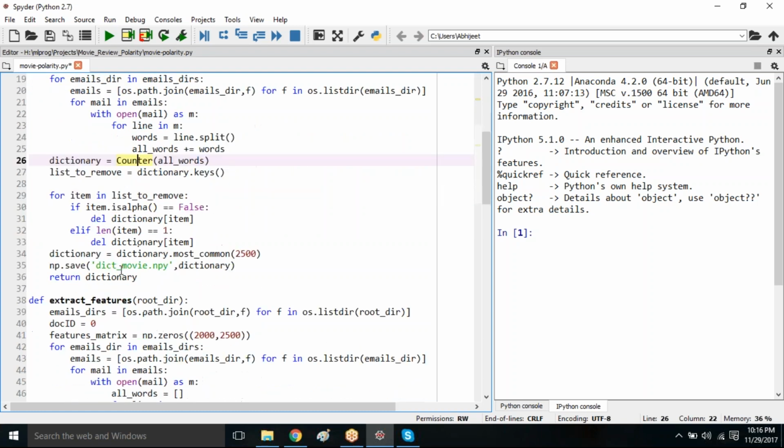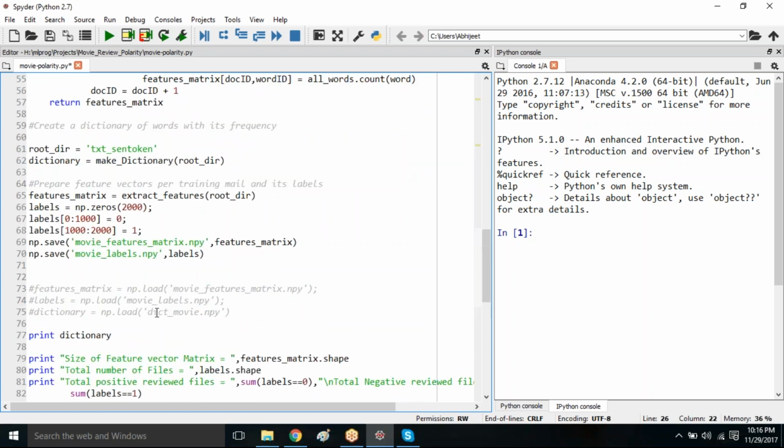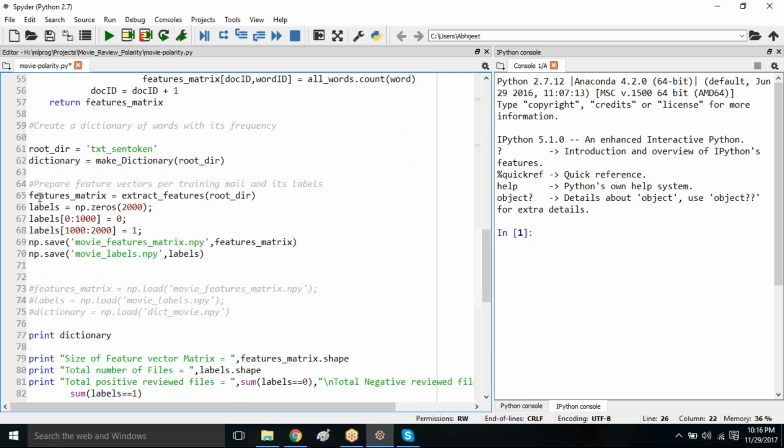Actually, what I will do, I will show you how this dictionary looks.